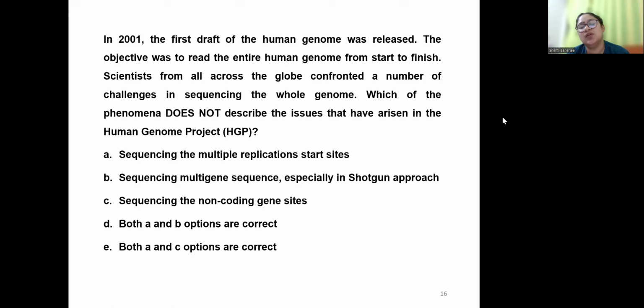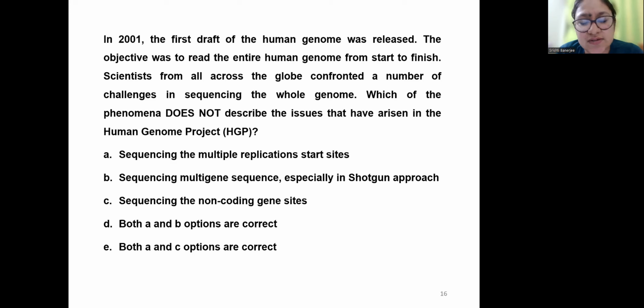So, any idea what the Human Genome Project was all about? Or what was the aim of it, and why is it necessary? Why is an idea about the whole genome very necessary? It could be human, it could be, okay, we'll discuss.